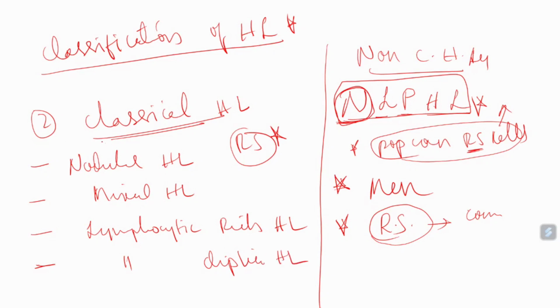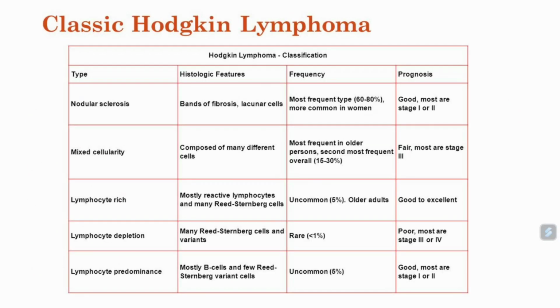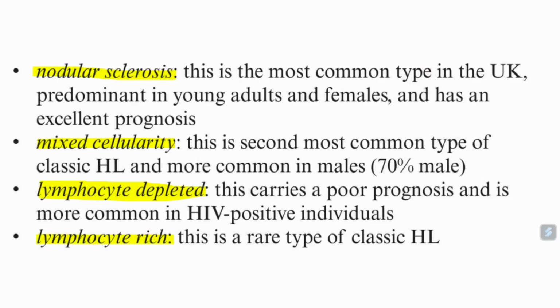These are the four types of classical Hodgkin's lymphoma, and in non-classical, you have to remember nodular lymphocyte predominant Hodgkin's lymphoma. Now, to understand all these classes, I will give you important points about each class. In nodular Hodgkin's lymphoma, this is also called nodular sclerosis.